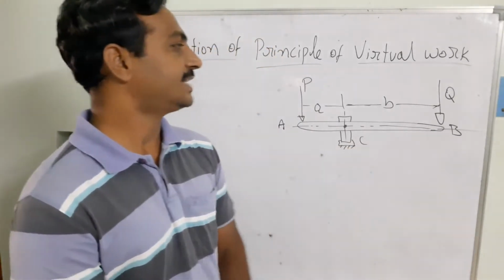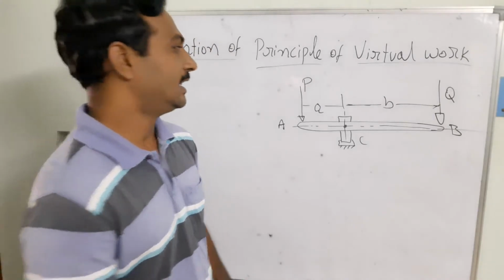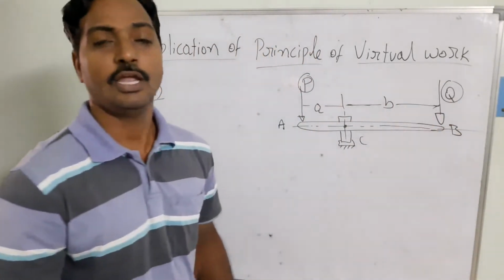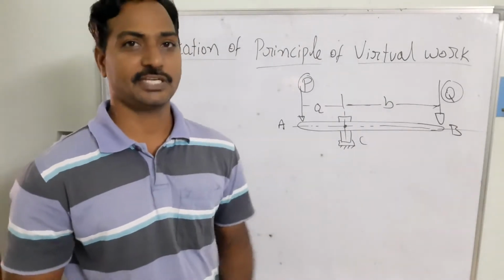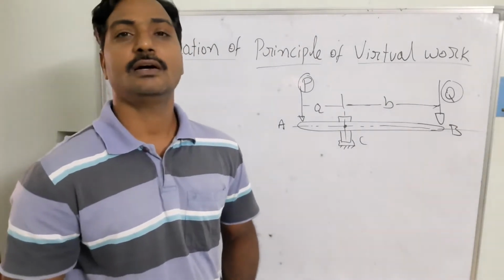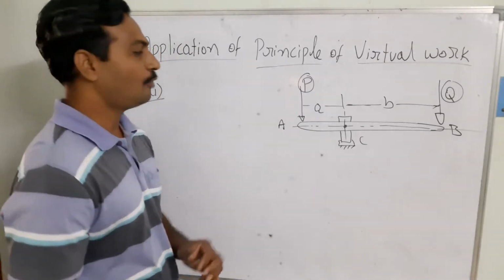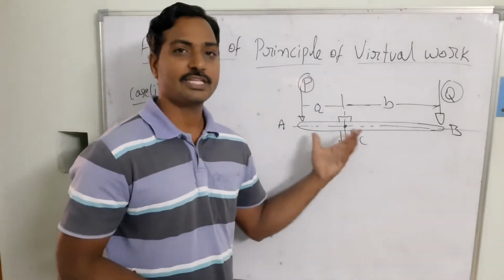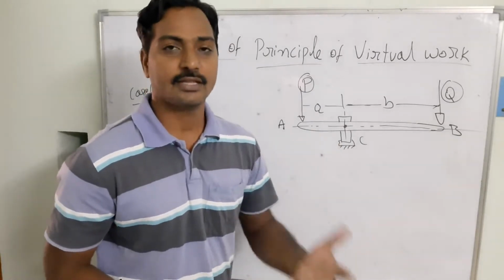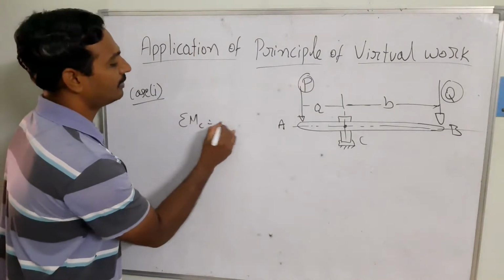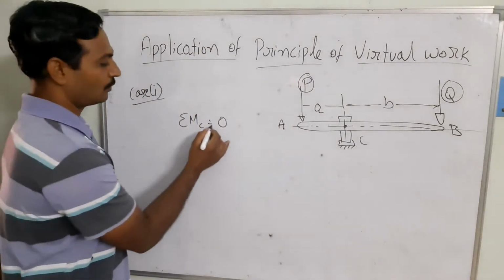Now in this case, the magnitude of P and the magnitude of Q need to be calculated. If we use the equations of equilibrium, I am going to remove this C, but directly take the moments equilibrium equation, moments at C equal to 0.